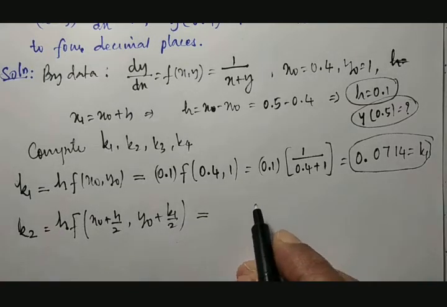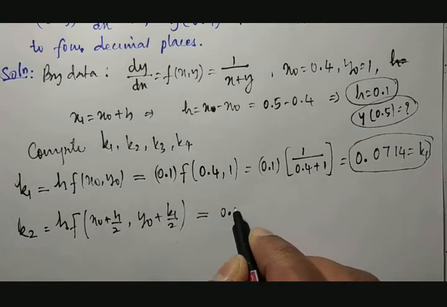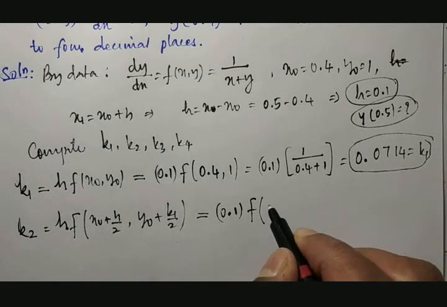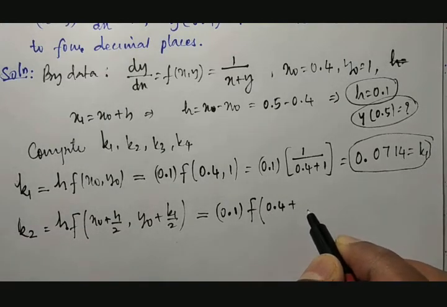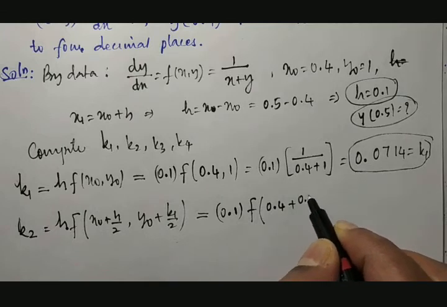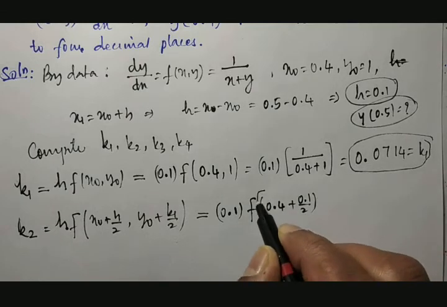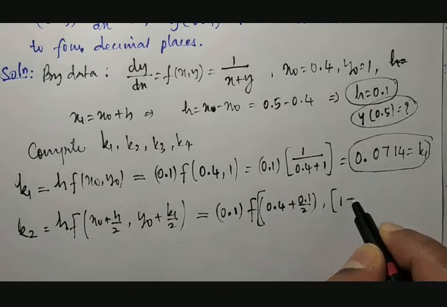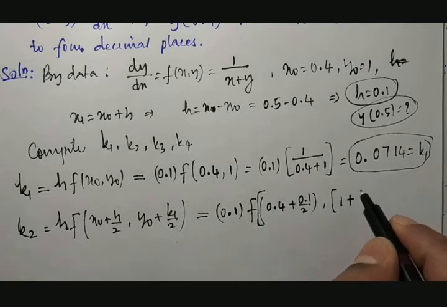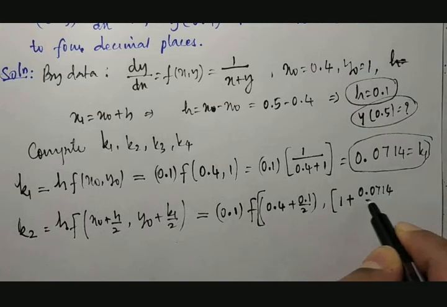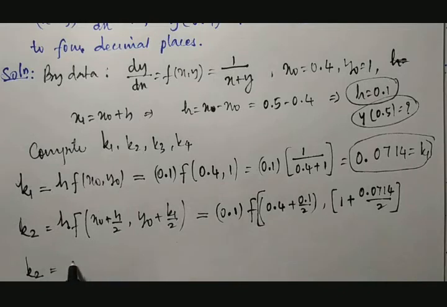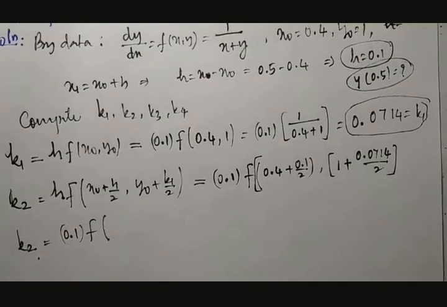So h is 0.1, that into f of x naught is 0.4 plus h, 0.1 divided by 2, comma y naught is 1 plus k1, 0.0714 divided by 2.